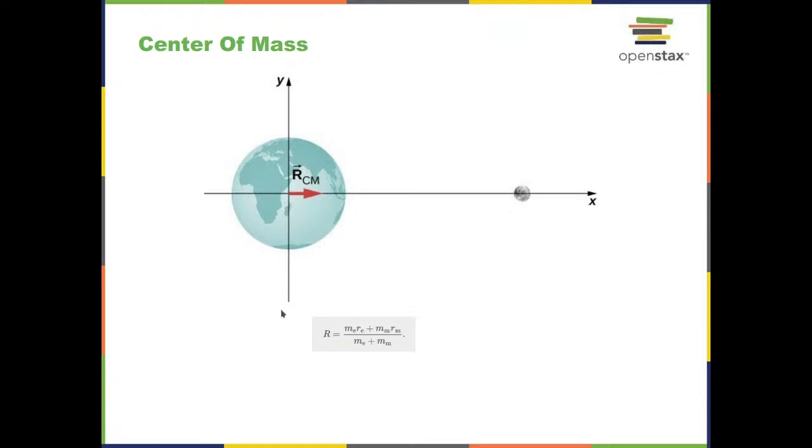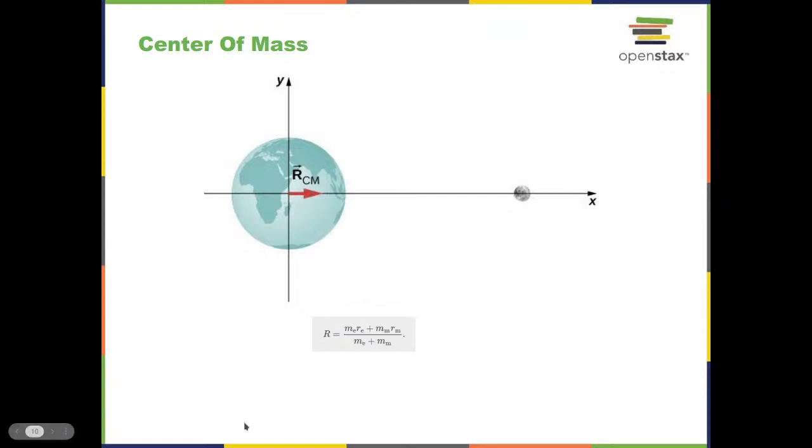The center of mass with respect to the origin point here inside the center of the Earth is given by the expression here: the weighted sum of the position of the Earth and the position of the Moon divided by the sum of their masses. And as it turns out, you can calculate this.